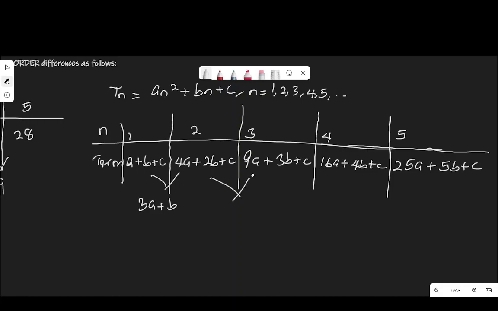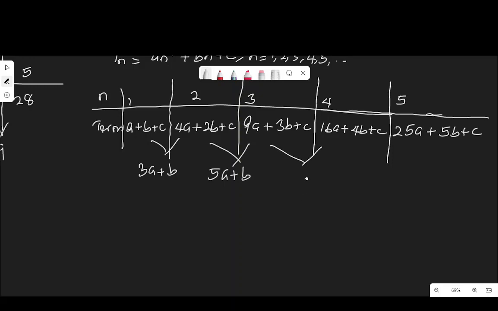Here, 9a minus 4a is 5a, 3b minus 2b is b, and c minus c is 0. 16a minus 9a is 7a, 4b minus 3b is b.